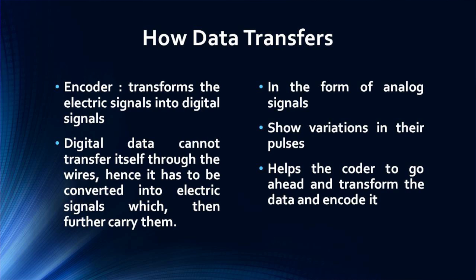Along with that, since digital data, which is just a combination of numbers, cannot transfer itself through the wires, it has to be converted into electric signals, which then carry it.